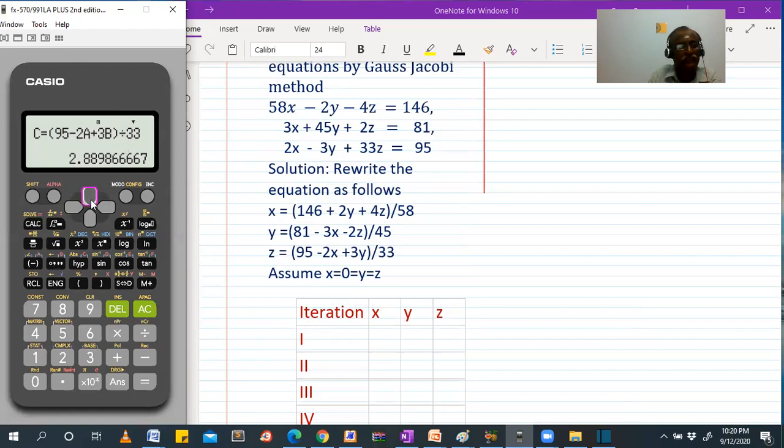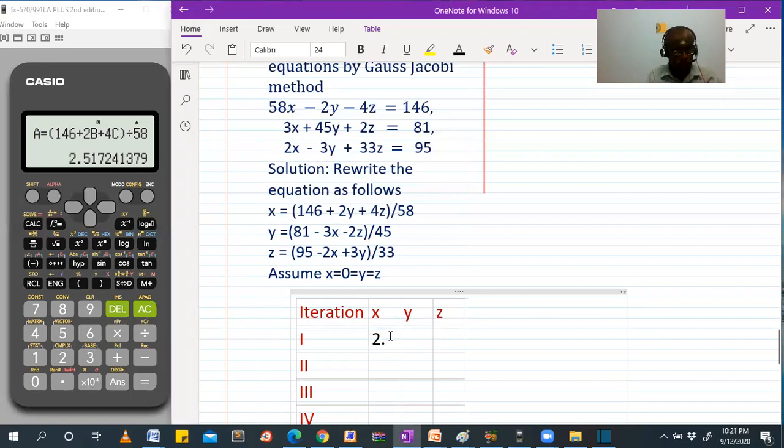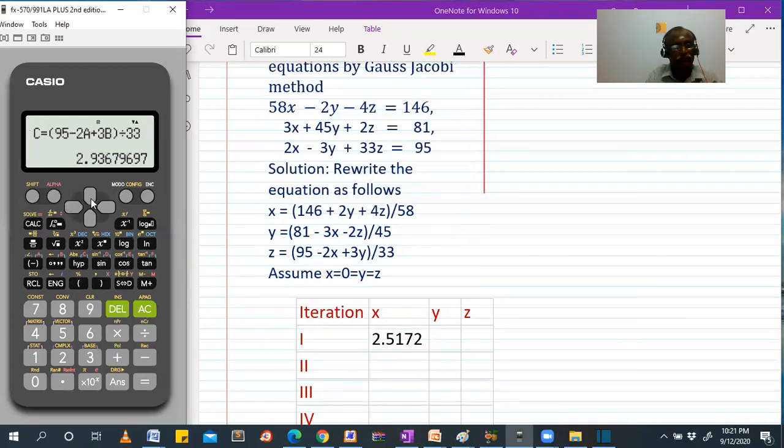Now I calculate a. Calc. Initially you have to take zeros. b is 0, c is 0. This gives 2.5172. Here calc b.